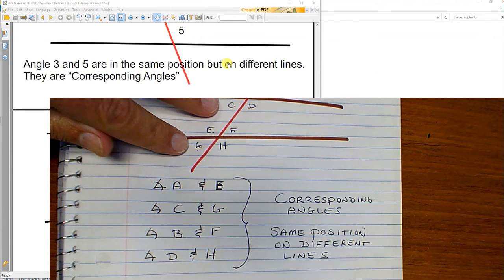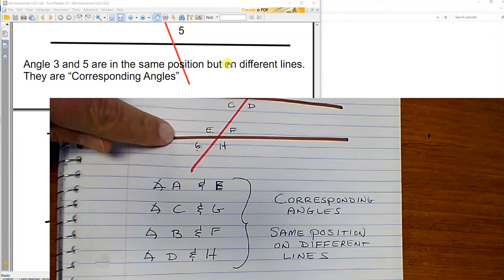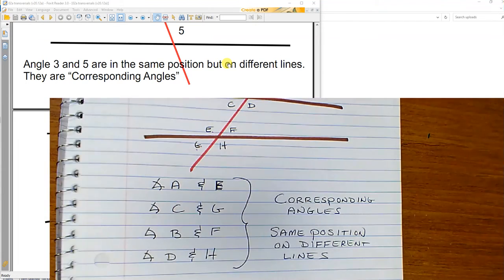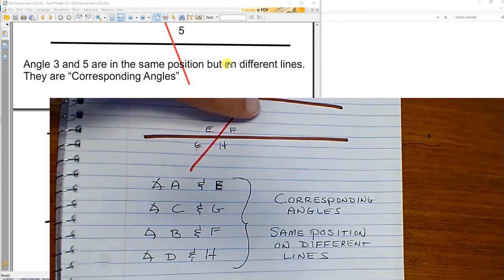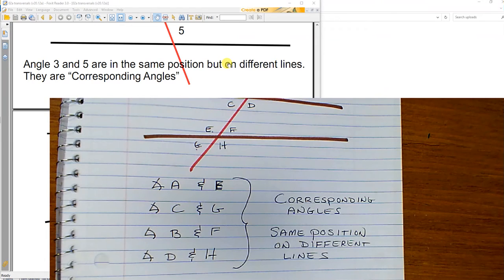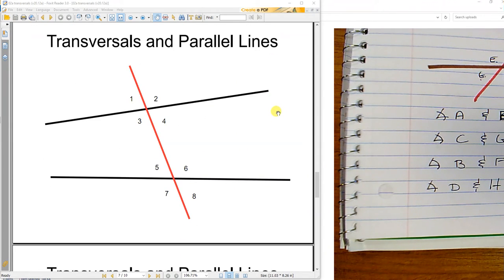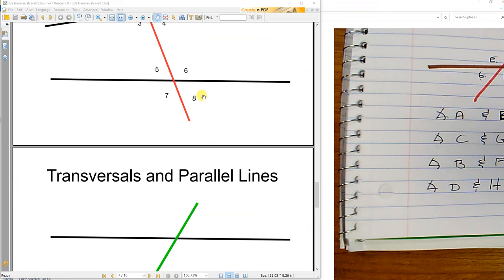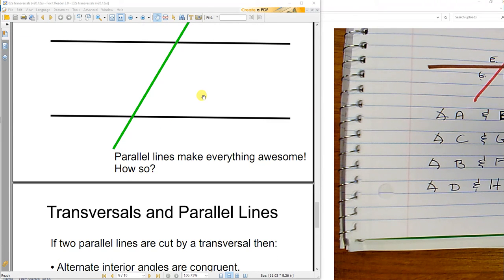C corresponds to G. It's under the line, left of the transversal. B and F, it's above the line, right of the transversal. Now, here's the deal. All of these terms work so far, even if the lines aren't parallel, but if the lines are parallel, all those angles become congruent.